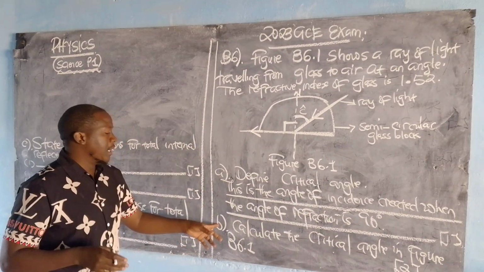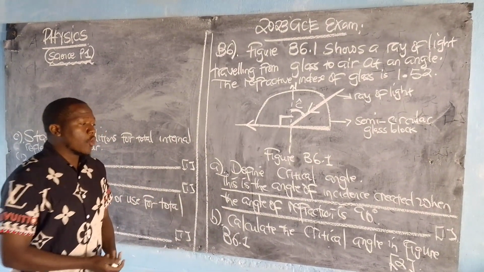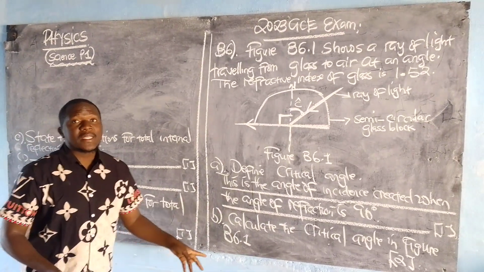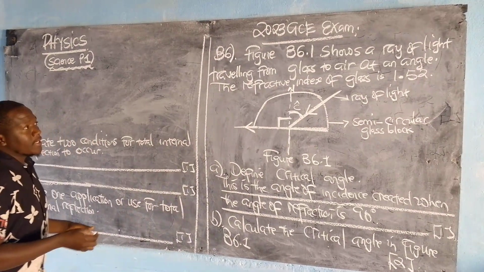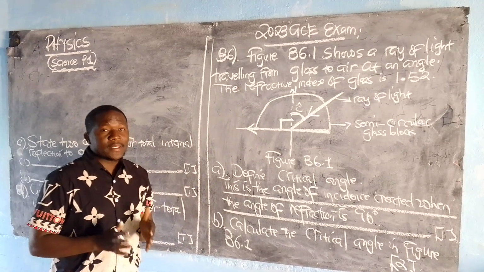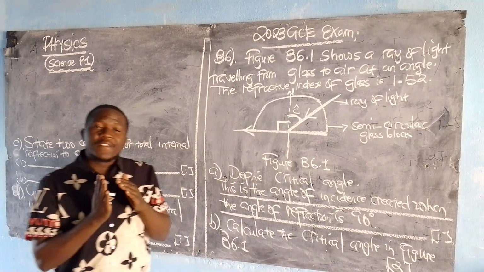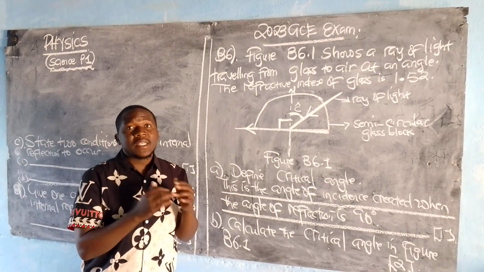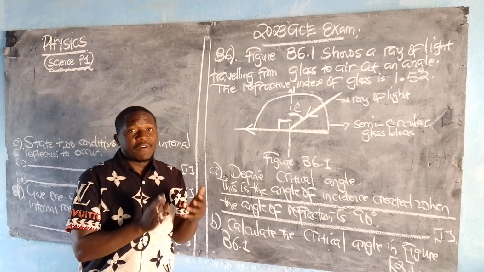So moving on, B. Calculate the critical angle in figure B6.1. Since we have been given the refractive index, the refractive index is drawn from the comparison of the sine of the angle of incidence to the sine of the angle of refraction.